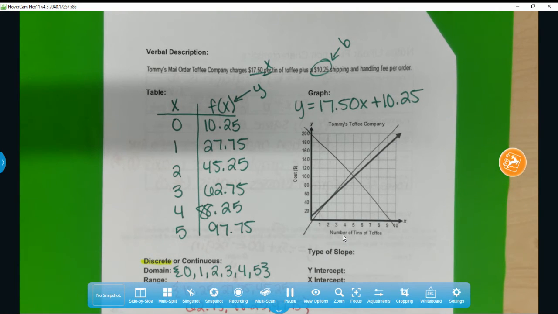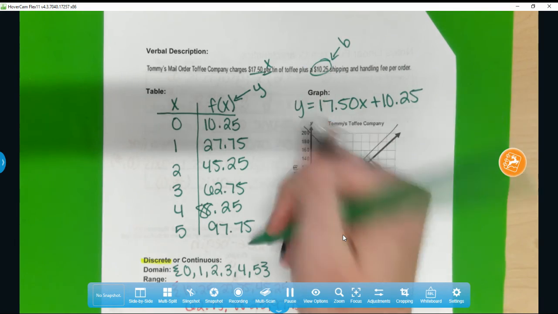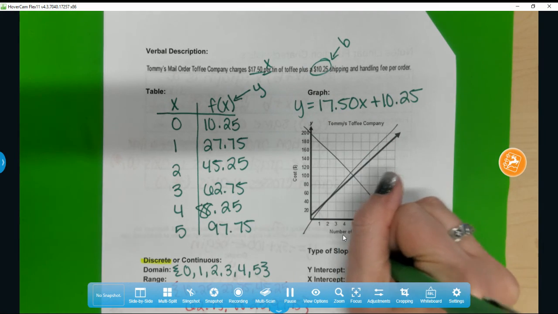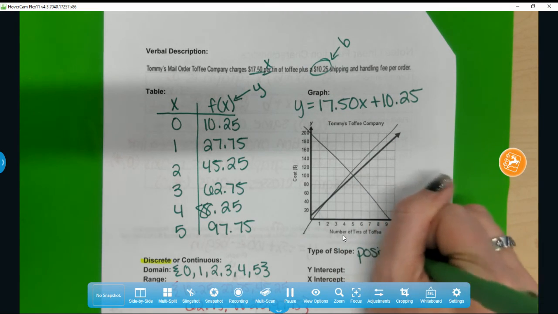Okay, so these numbers are increasing, so our slope, if we were to graph it, would be positive.